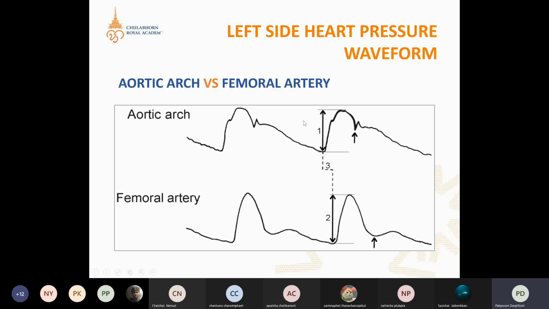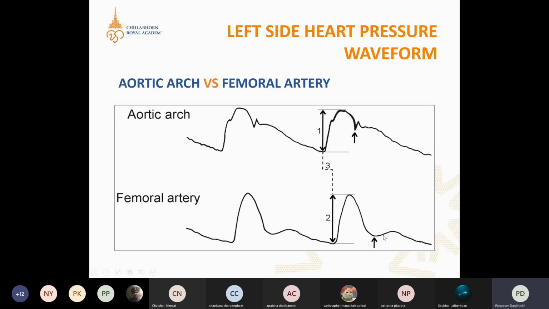But when we look at the femoral artery, you will see that the dicrotic notch is a bit wider and smoother, and it comes quite a bit later than the dicrotic notch in the aortic pressure, because of the long distance from the aortic valve to the femoral artery.